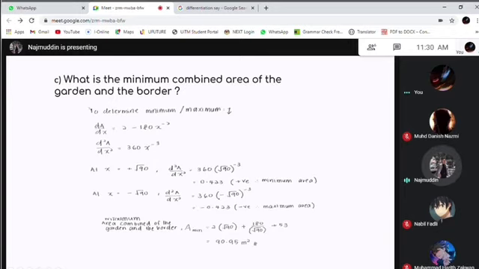And if the value of x that you get is less than 0, that will be maximum area. Okay, you are asked to find the minimum area. So you must take the positive value, square root of 90, and insert it into the equation. It will be 2 times square root of 90 plus 180 divided by square root of 90 plus 53. And the value that you get will be 90.95 meter squared.